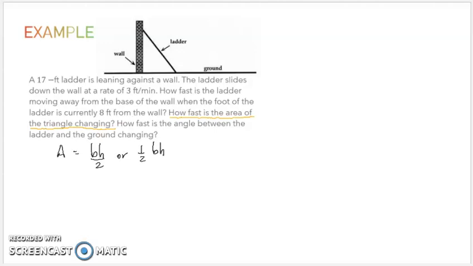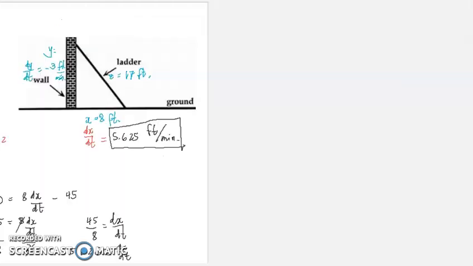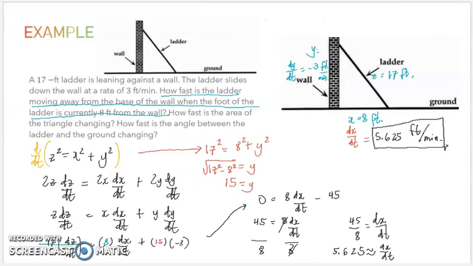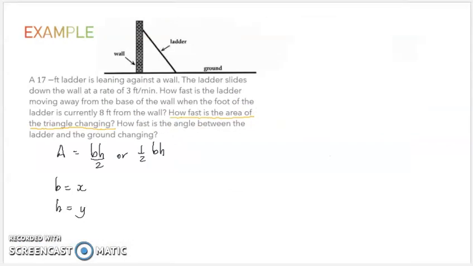In this problem, our base is the x and the height is y, if you consider the illustration earlier. So we have A, the area, is 1/2 x times y. And this formula is what we will differentiate with respect to time.